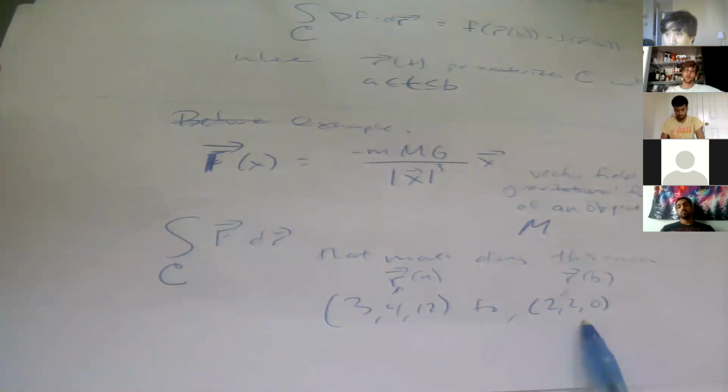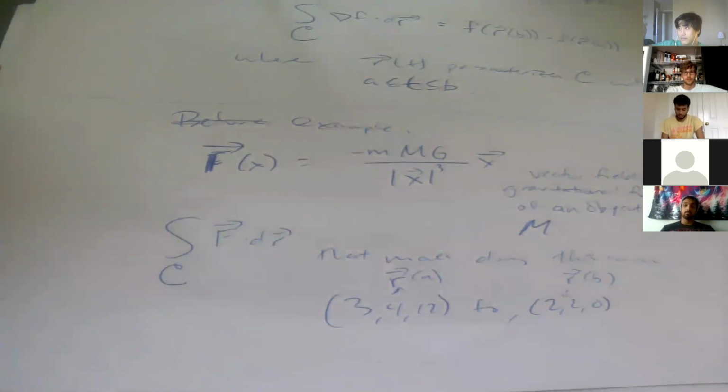Right? I could have gotten there any way. I could have done this or straight there. I could have taken a bunch of loops and gotten there. But because of this construction right here, I only care about the endpoints, not the stuff in the middle.